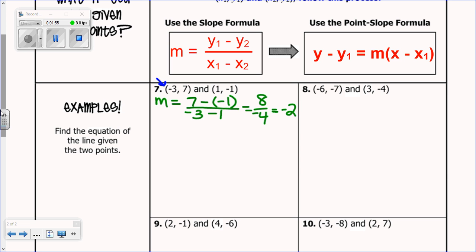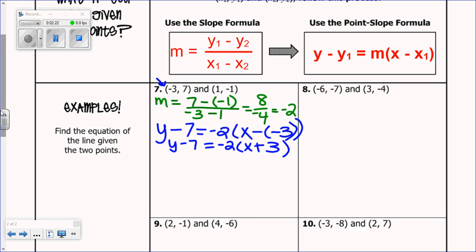So we get y minus the y value, just 7, equals the slope of negative 2 times x minus the x value of negative 3. And now I like to clean up those extra negatives, so I'm going to go ahead and simplify that. Y minus 7 is equal to negative 2 times x plus 3.